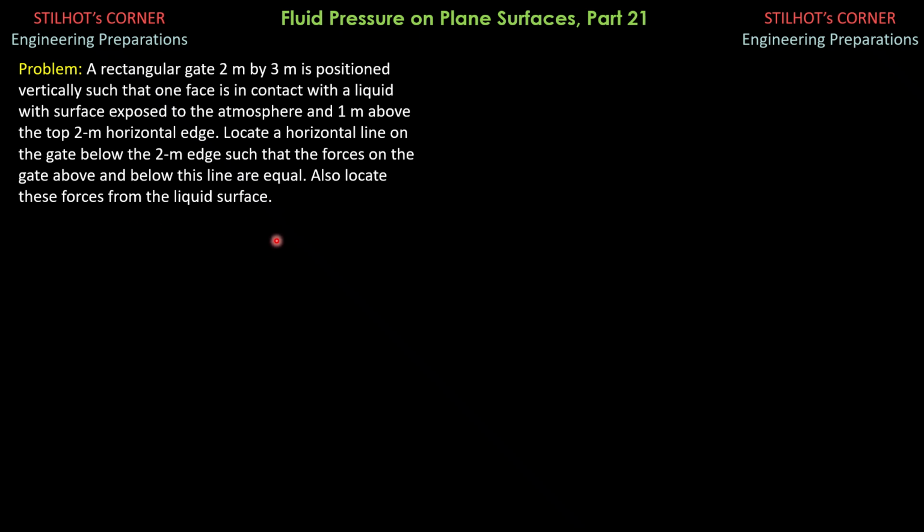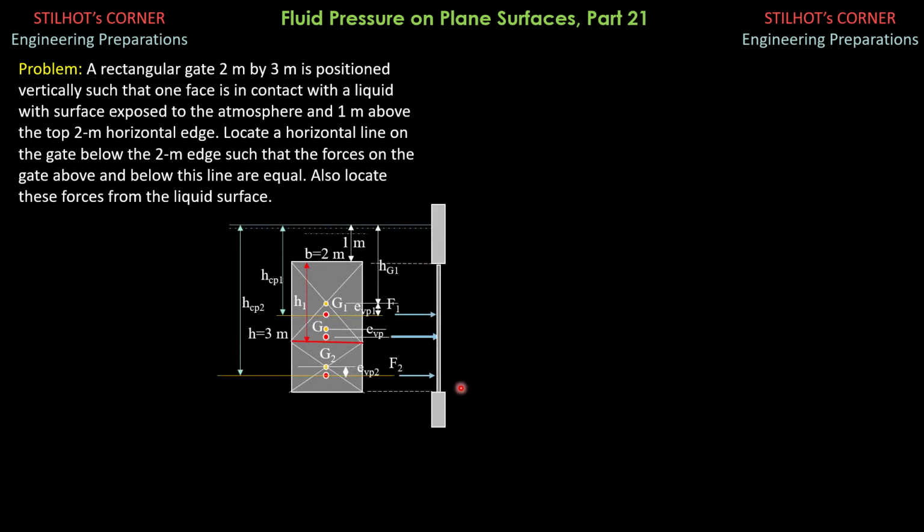So to set up our equation so that you can follow the solution, let's have the figure. This is the gate, 3 meters high, 2 meters wide, and the top edge is 1 meter above the liquid surface, and this liquid surface is exposed to the free atmosphere.